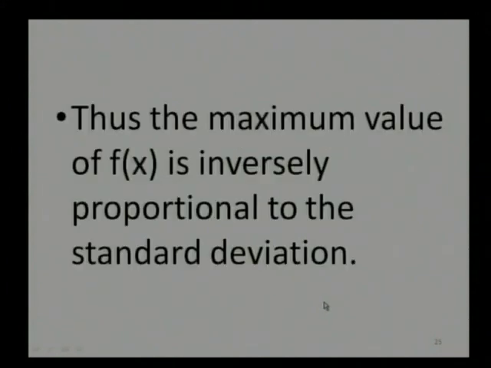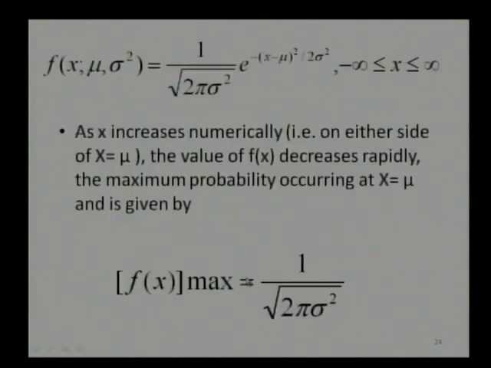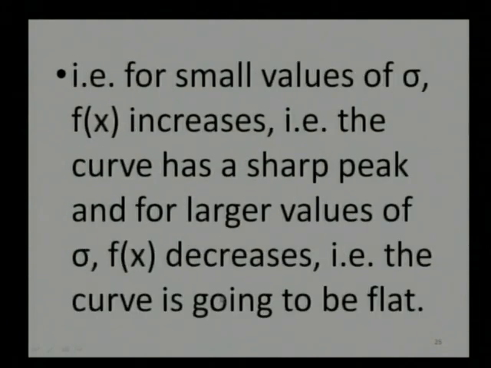Now, thus the maximum value of f(x) is inversely proportional to the standard deviation. Because the standard deviation sigma is in the denominator, f(x) is inversely proportional to sigma. It means for small values of sigma, the PDF f(x) increases and the curve has a sharp peak, and for larger values of sigma, f(x) decreases, meaning the curve becomes more and more flattened.